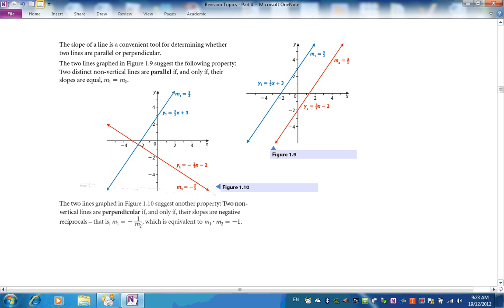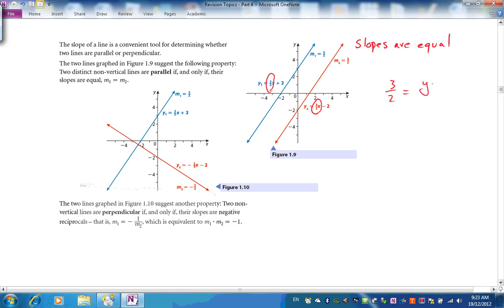If you have parallel lines, obviously you would have the same slope. So the slopes in parallel lines are identical. They are equal to each other. So they must always be that way if they're going to be parallel. You can see here, this one has coefficient of x equal to 3 over 2, and so does this one. So what does 3 over 2 mean as a slope?